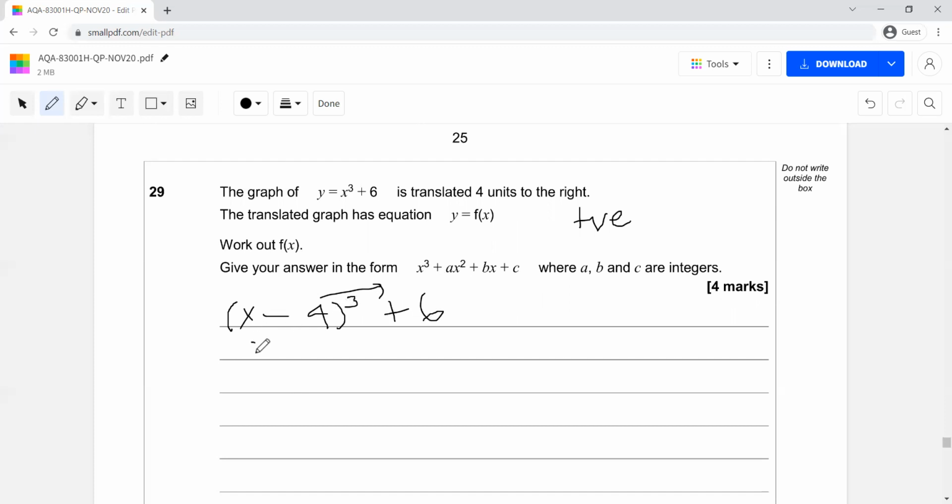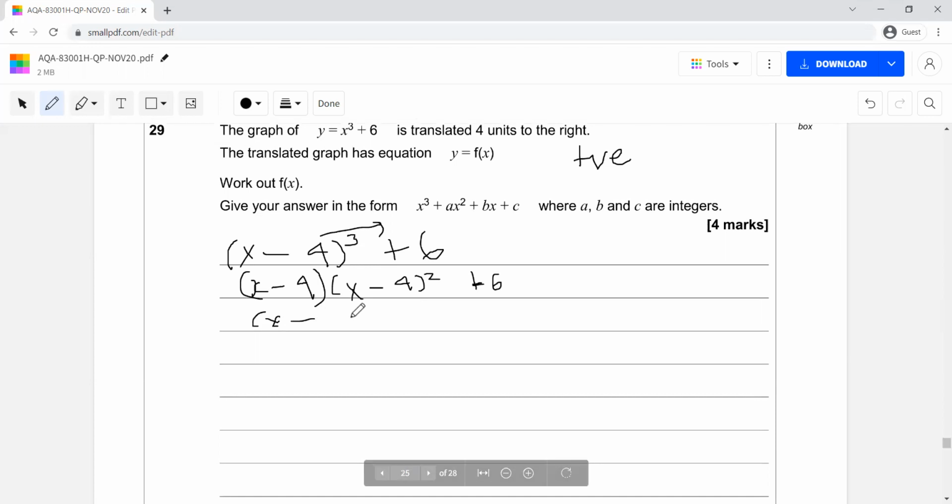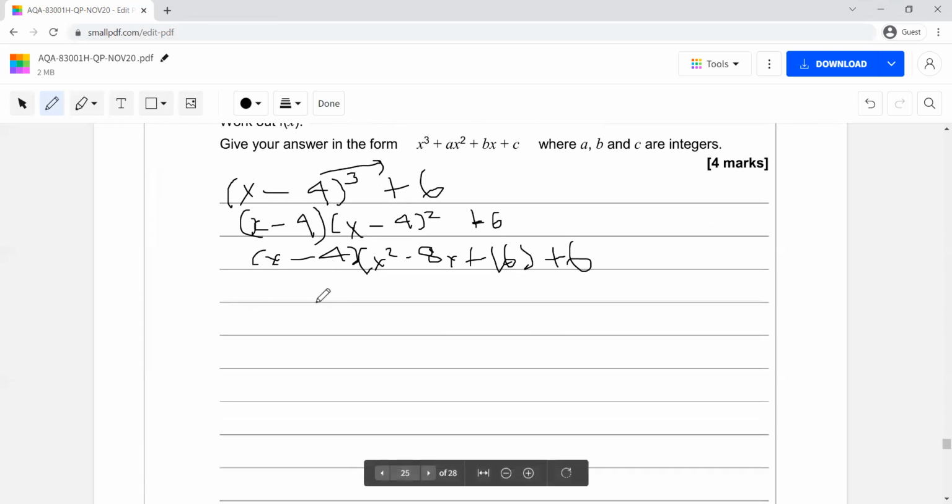I like to do it this way. So x minus 4 times x minus 4 squared plus 6. So if we do this really quickly, x minus 4, and then in brackets x squared minus 8x plus 16, and then plus 6 again. And then I can do expanding and then simplifying.